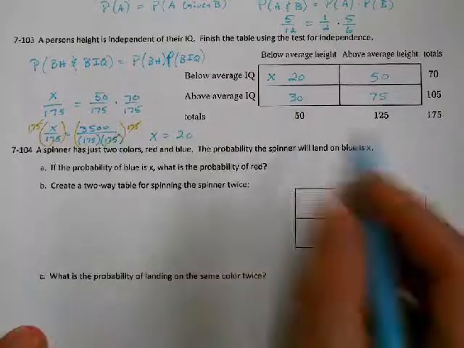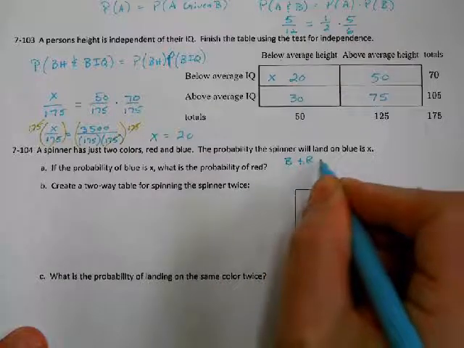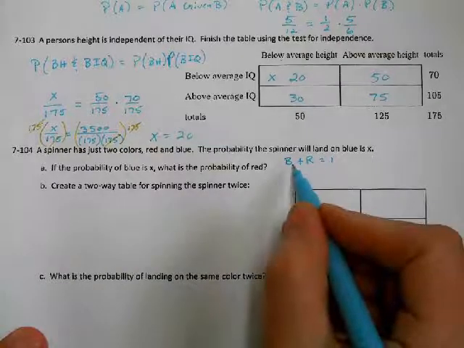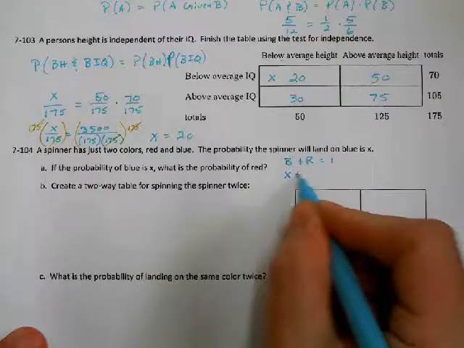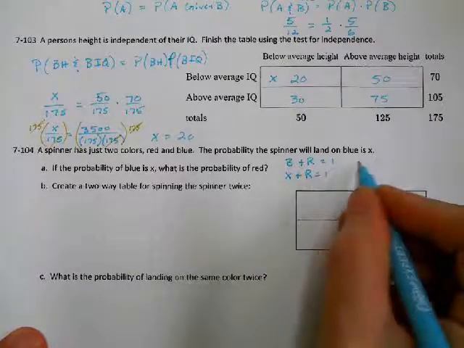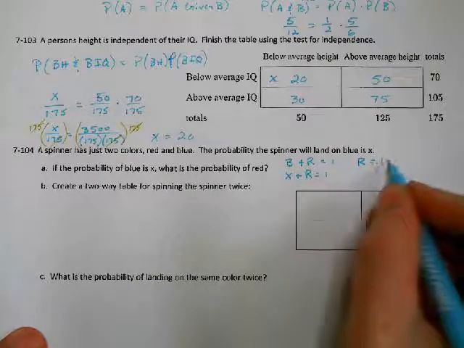So the probability of blue plus the probability of red has to equal 100%. So if we know that the probability of blue is X, and I subtract X from both sides, the probability of red is 1 minus X.